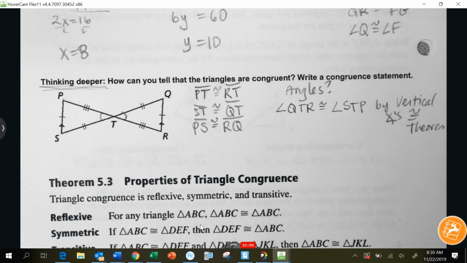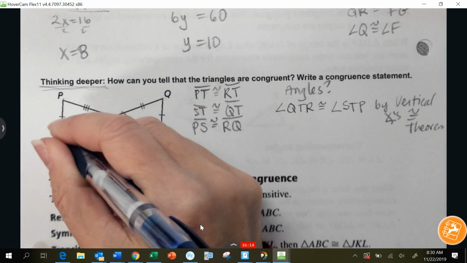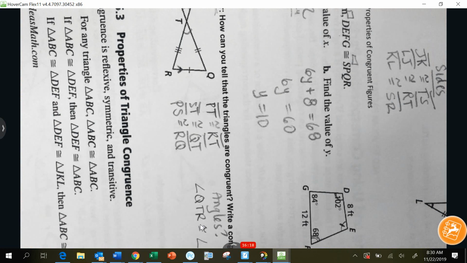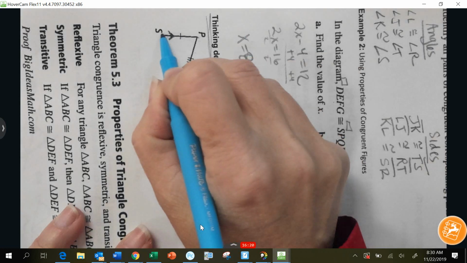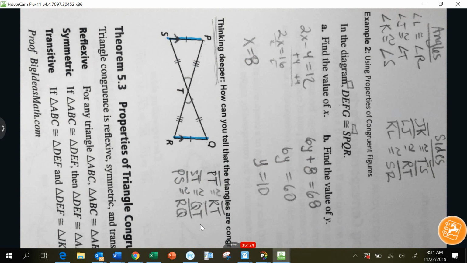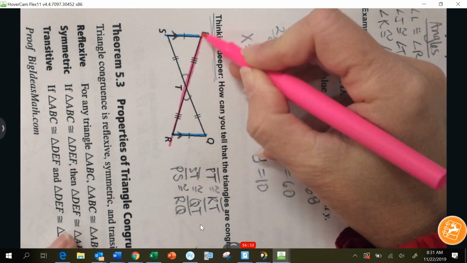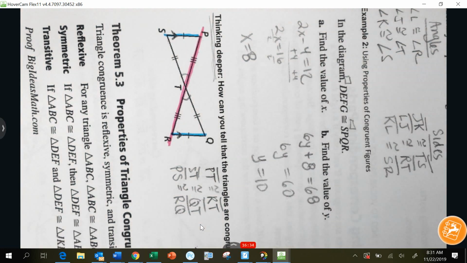There's something else in this picture that's supposed to be giving you a hint. You got some parallel markings, don't you? That's right. So what's that going to tell me? Maybe I should turn the page this way. If these are parallel lines, what is this? What's it called?